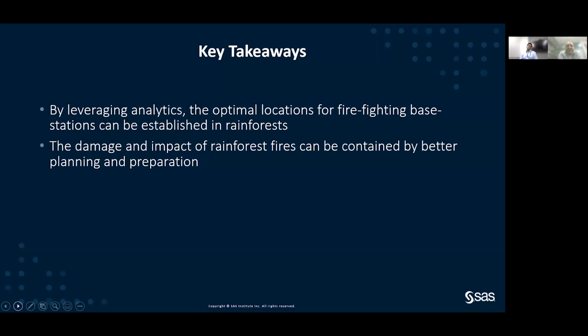The ideas discussed in the analysis can help us to find optimal locations for firefighting stations. And armed with all of these insights, perhaps the local authorities and administration can plan ahead and prepare for the fire season to combat and limit the damage and impact of the fires.